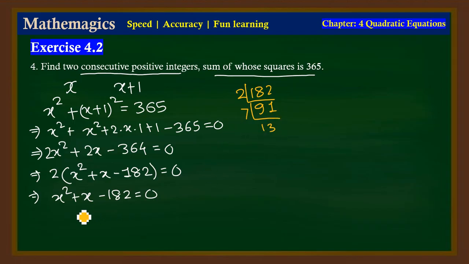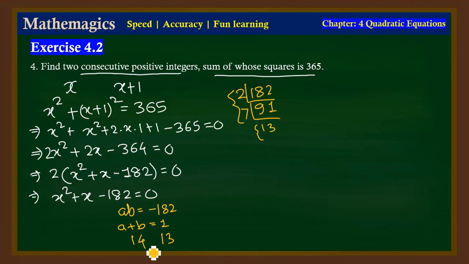So here the multiplication of both is a into b equal to minus 182 and a plus b is equal to 1. It means 2 sevens are 14 and 13. So 14 and 13 is the answer.